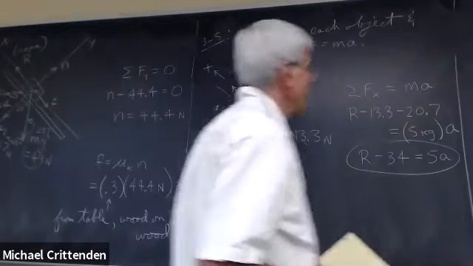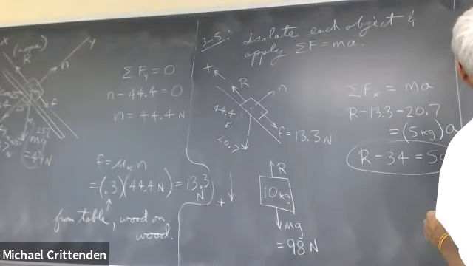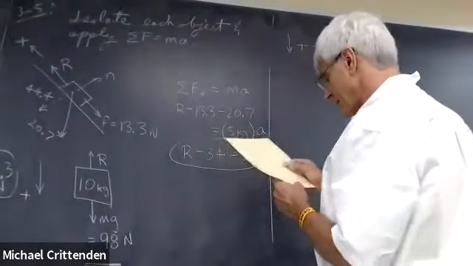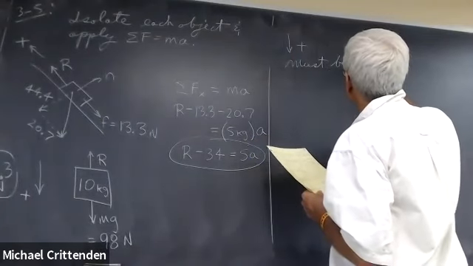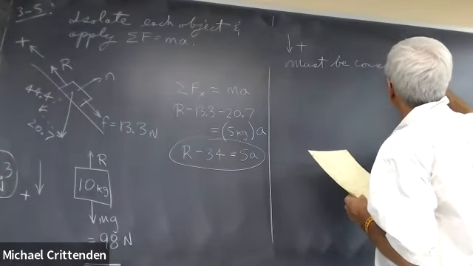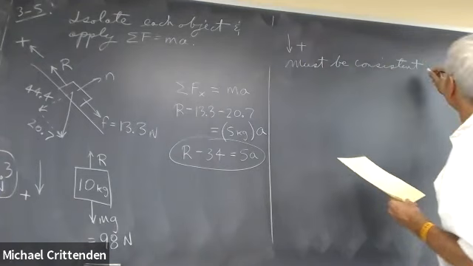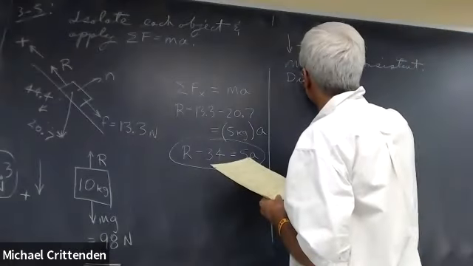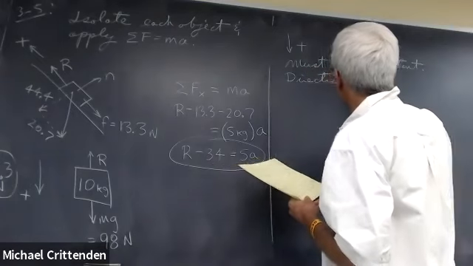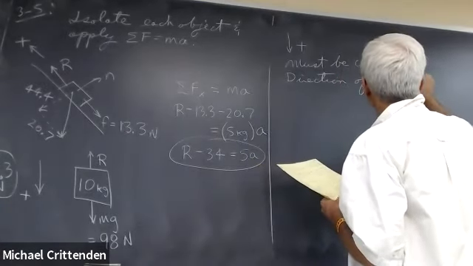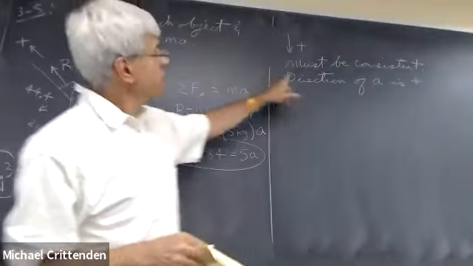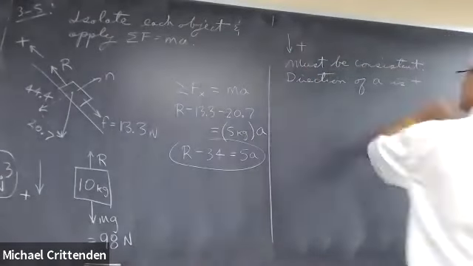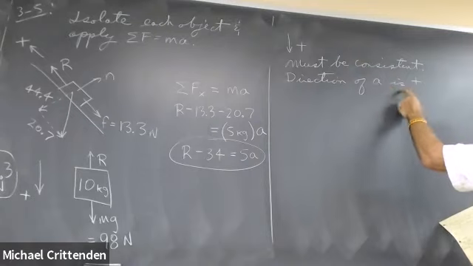And I want to write that down, but there's no space there, so I'm going to stick it over here. Down is positive in my second equation because you must be consistent. The direction of A is positive.